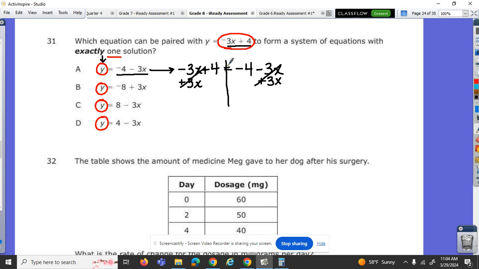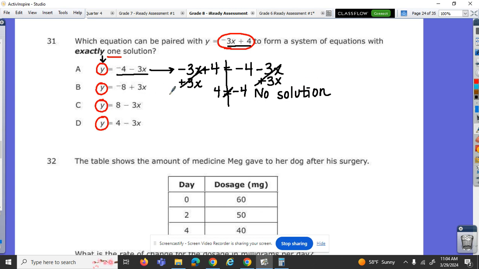And what am I left with? Positive 4 on this side and negative 4 on this side. And we know that those are not equal to each other. So that gives it away that this one is a no solution. There's not a number that's going to make that equation balance out.